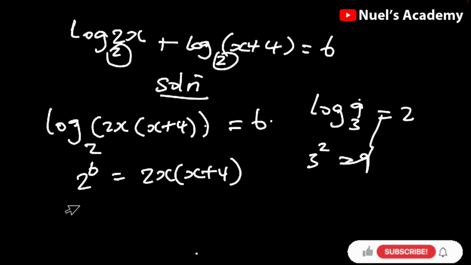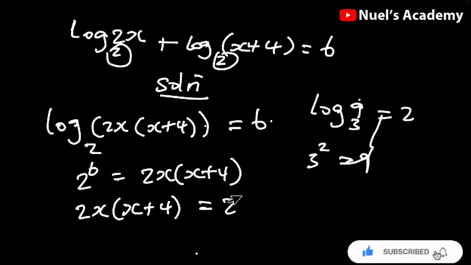So if we do that, we are going to have 2x into x plus 4 equal to 2 raised to the power 6. And so let's distribute 2x into x and then 2x into 4 to open this bracket.